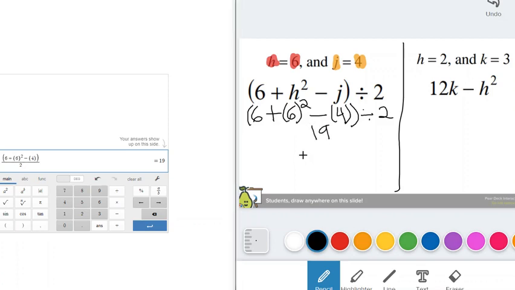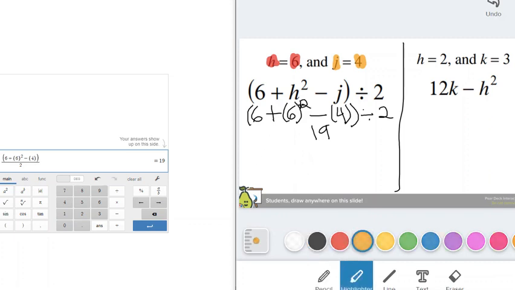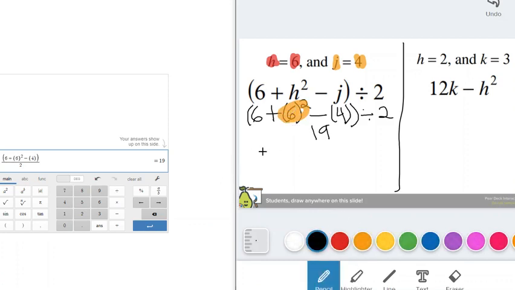If I were to do this by hand, it would take me a longer time, but it can be done. I would have to start with the exponent. So this will be 6 plus 36 minus 4 divided by 2.